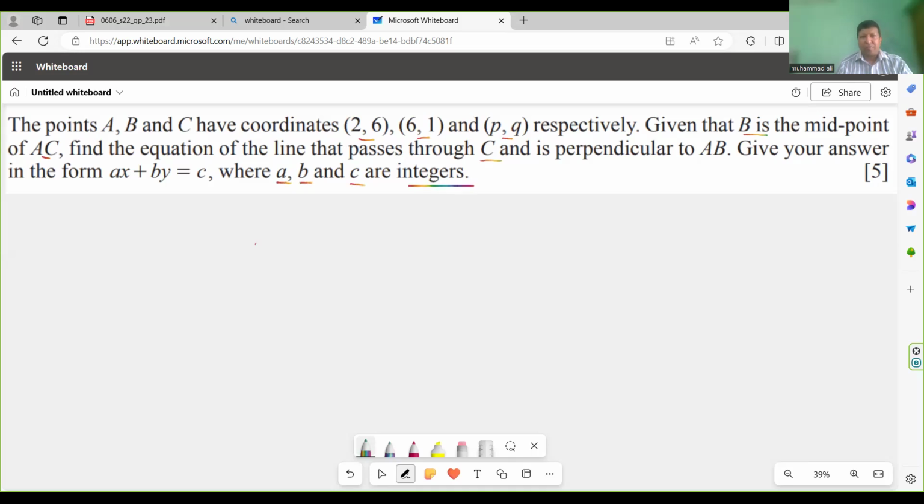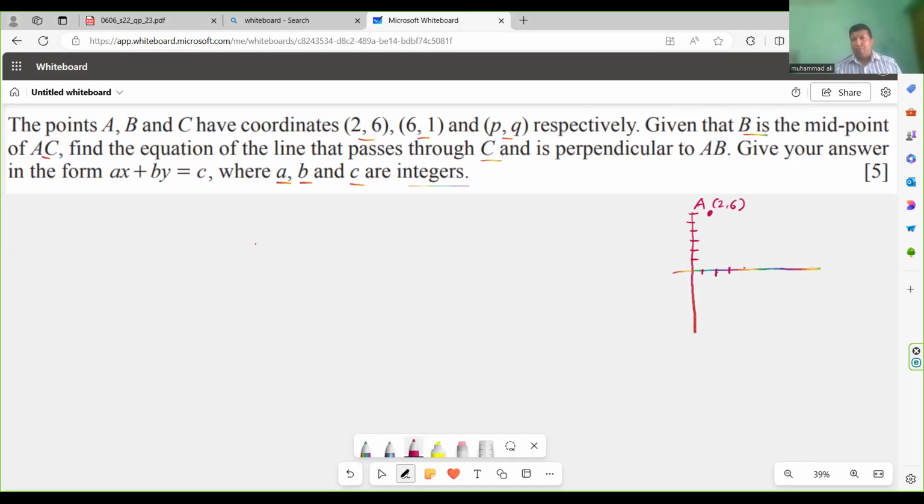So if we want to visualize this graphically, this is the x-axis, that one is the y-axis. A is (2, 6), and B is (6, 1).